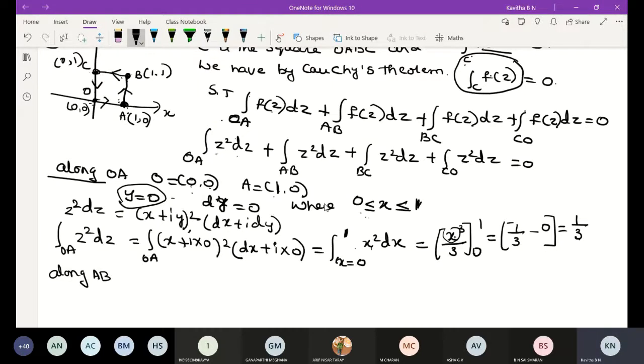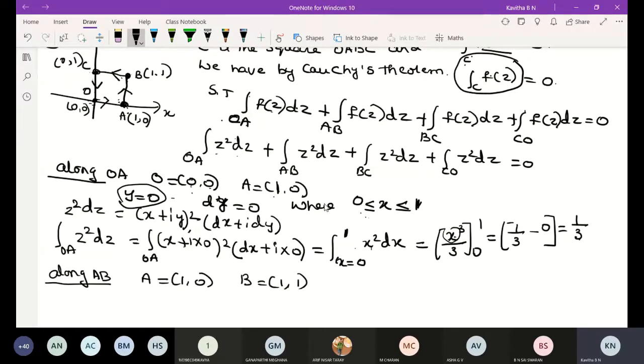Okay, next take down along AB. Here the A point is 1, 0 and the B point is 1, 1.